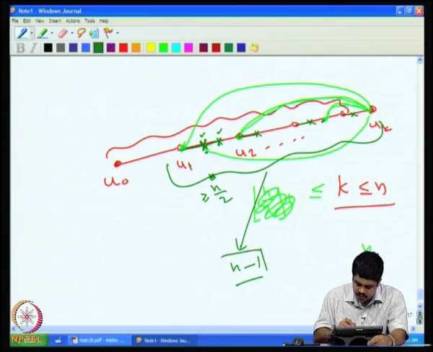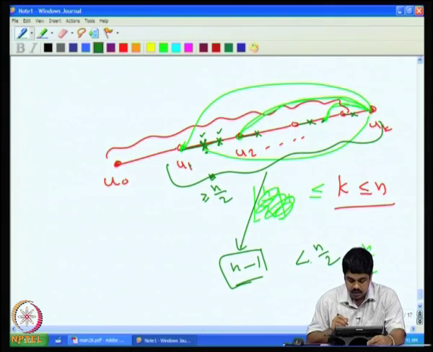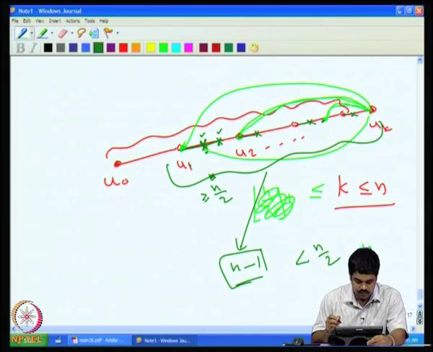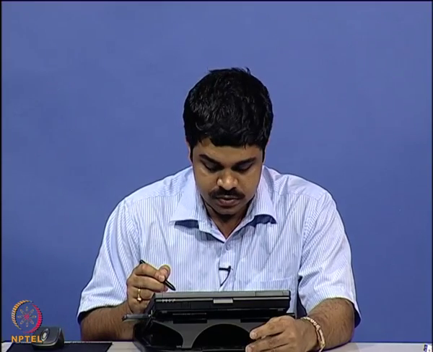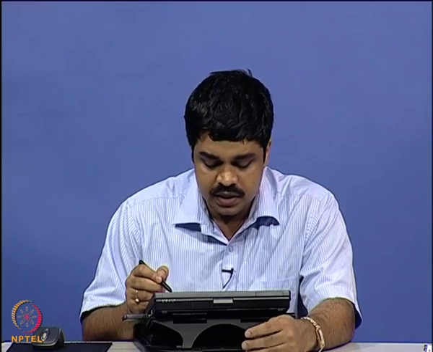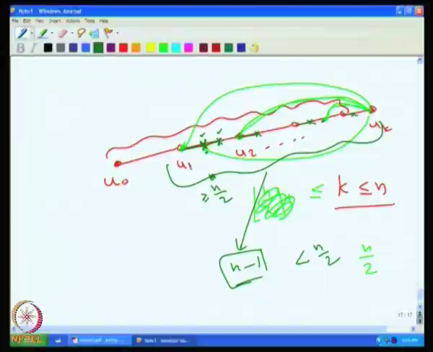Among the available n minus 1 positions, if you avoid n by 2 or more of them, you will have fewer than n by 2 candidates left for placing the neighbors of u0. We cannot do that, because u0 also has n by 2 neighbors. So it is clear that it is not possible for u0's neighbors to avoid all these dark green places which I have marked, meaning the places just after a neighbor of uk.